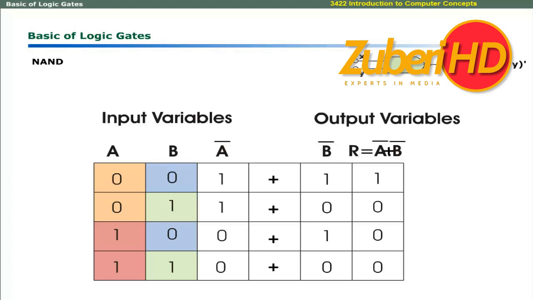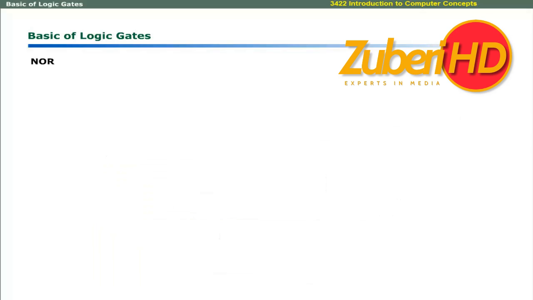The result of complemented AND gate is 0 or false only when both input variables have binary values 1 or true.